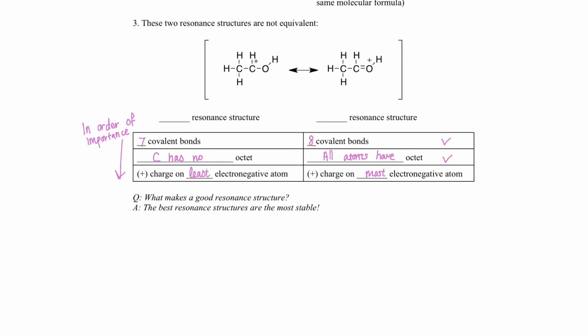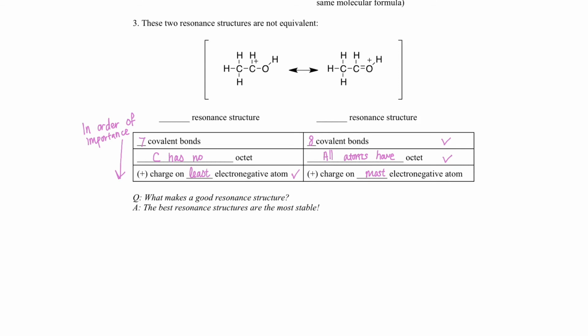And so many students jump up at this point and say, oh, positive charge on oxygen, that's a big no-no. And then they say this is the minor structure. And that's just not true. This is the least important rule. Never forget that. Just because the positive charge is on the oxygen doesn't mean it's major, doesn't mean it's minor, okay? You have to look at the more important rules here.